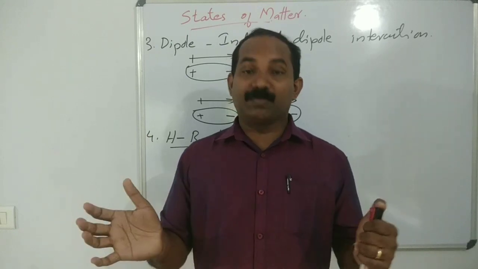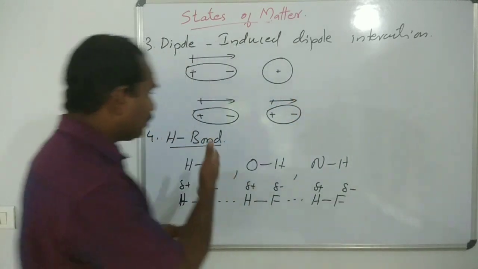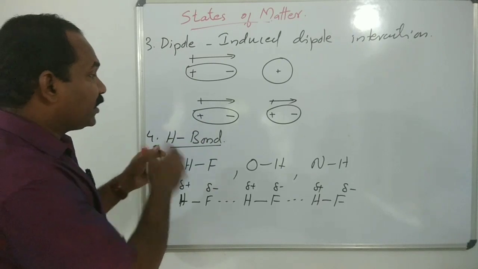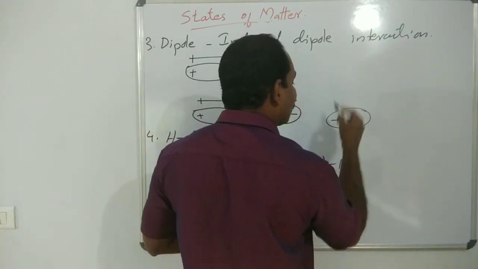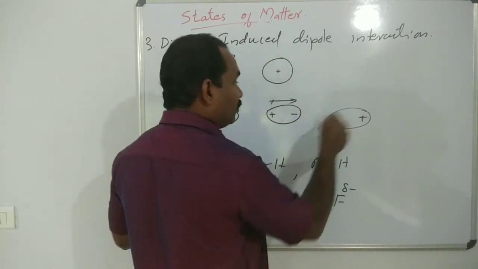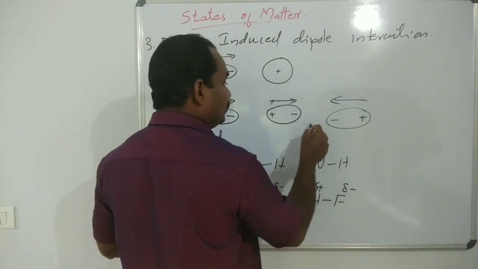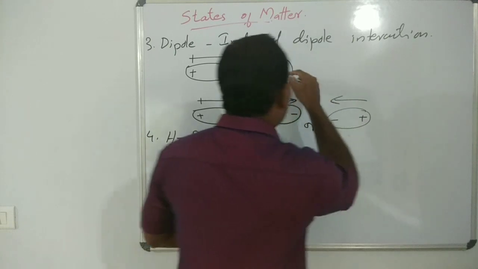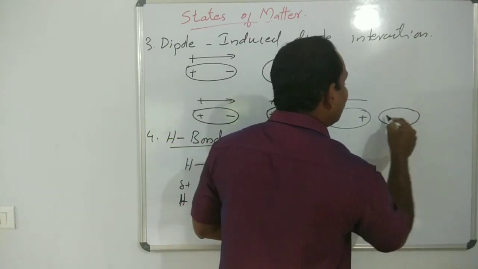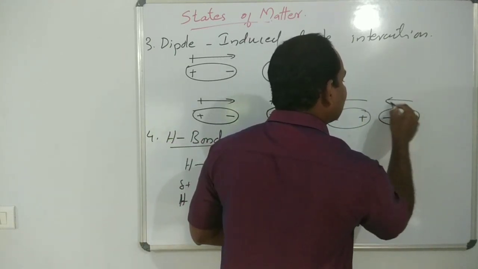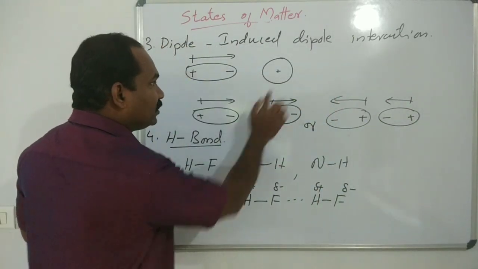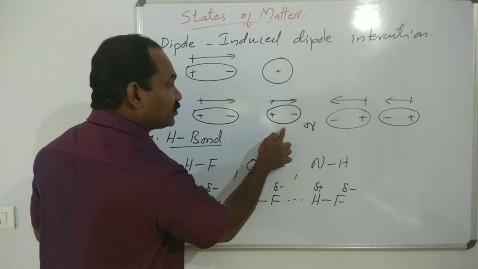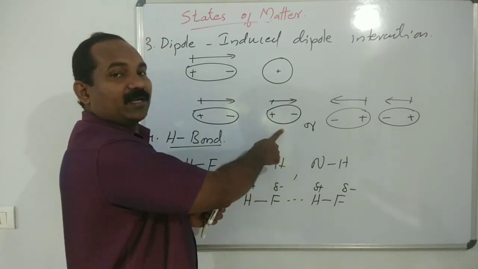Okay, same charges repel. Here we can say there is one more momentary attraction: when the dipole moment is in this direction, the atom induces a dipole like this. If the dipole moment is in this direction, the atom or species induces in this fashion.